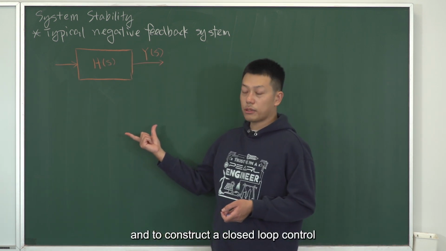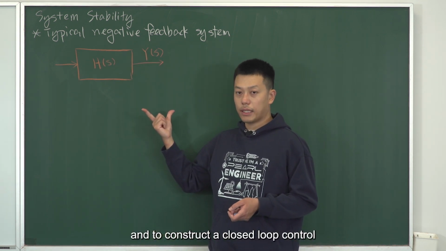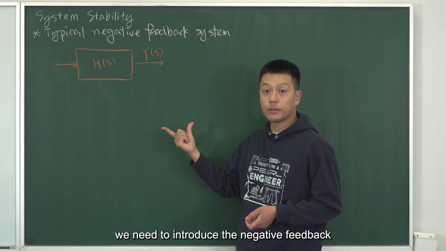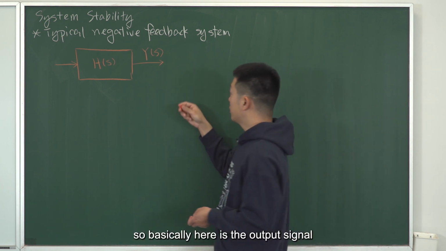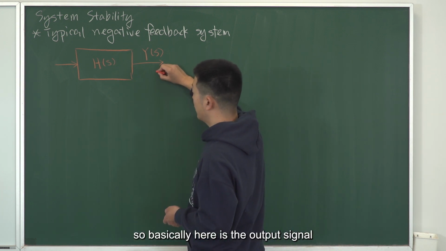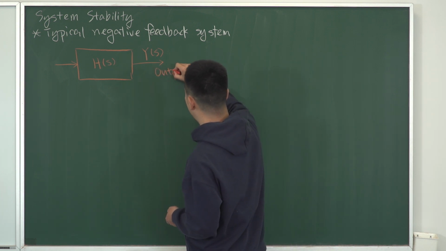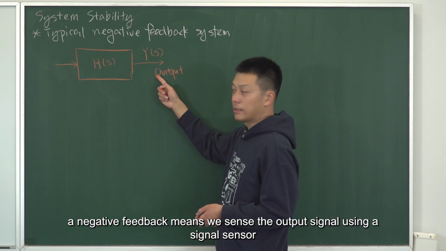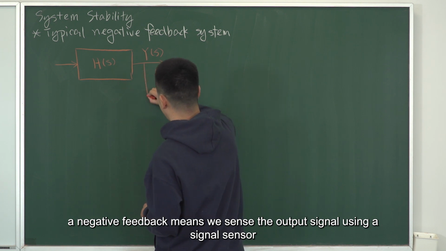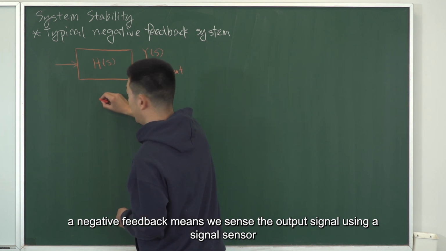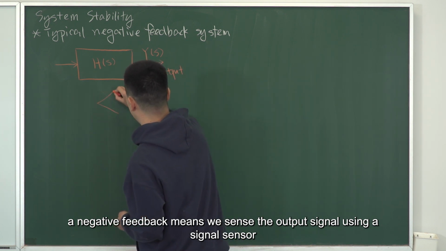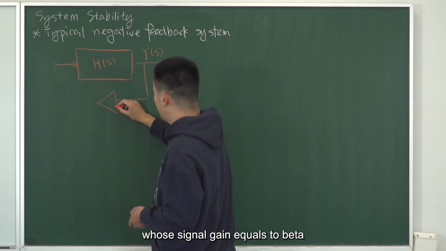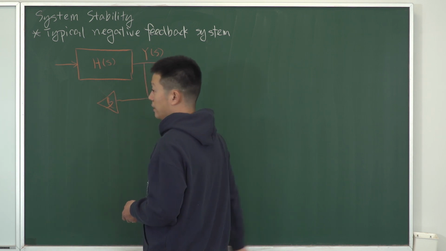To construct a closed loop control, we need to introduce the negative feedback, right? Basically here is the output signal. Negative feedback means we sense the output signal using a signal sensor whose signal gain equals beta.